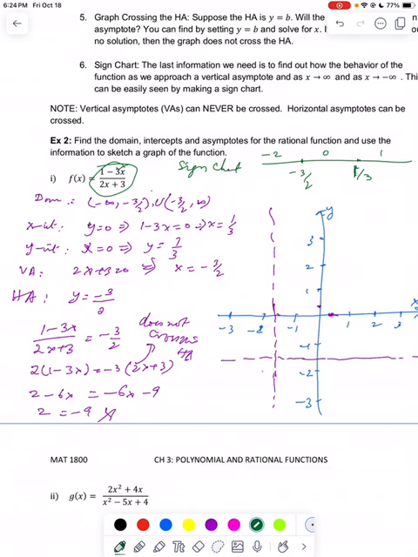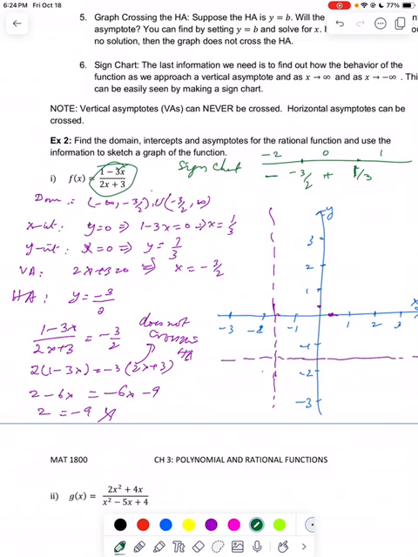So you have a negative value. Here the function is below the x-axis. Then between -3/2 and 1/3, plug in 0 and you get a positive value. Then if you plug in 1, you get a negative value.